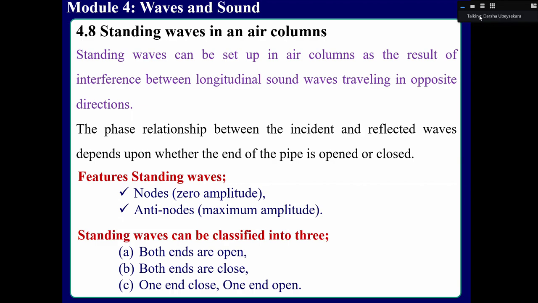So according to the length of the pipe, earlier according to the length of the rope, no? Everything happened. Now according to the length of the pipe, how many loops can be generated will vary, right? We will see the incidents one by one. First of all, you note down this.